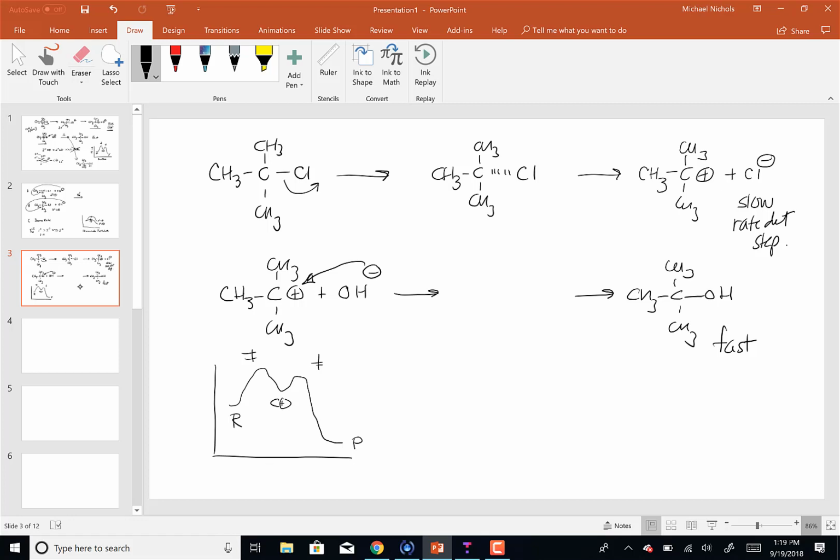So what do we write a partial charge with? A delta. So the carbon's going to be delta positive in charge. And then what's the chlorine? With an average between 0 and -1, it's going to be delta minus. So in the transition state, the carbon is getting some positive charge and the chlorine is getting some negative charge.